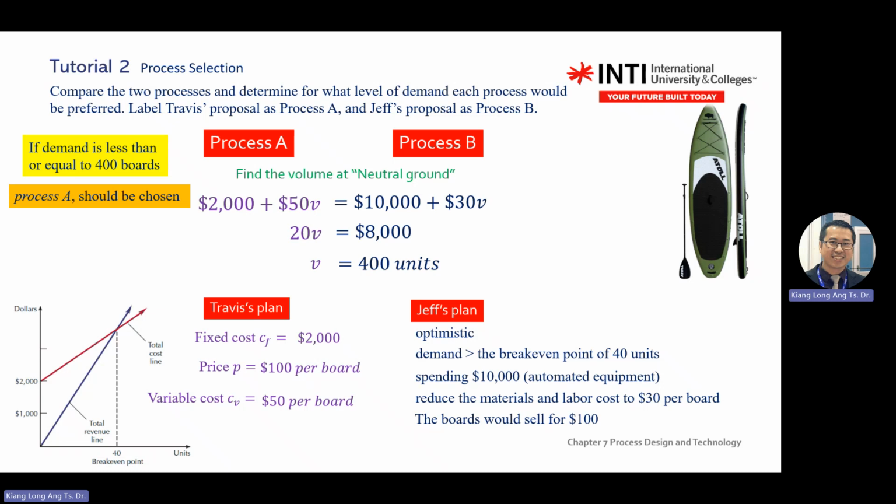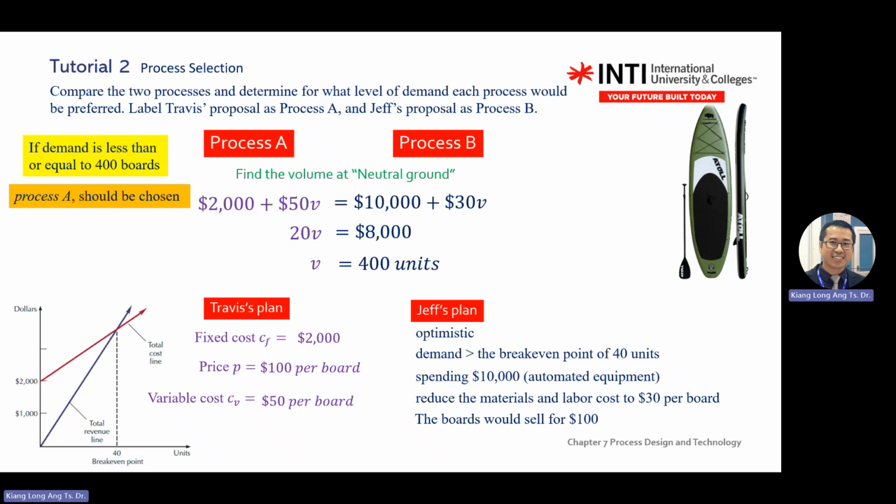Think as a businessman. Your investment is lower, or the cost is lower. Lower risk. Because if your volume is less than 400, let's say you take 300 or 100.